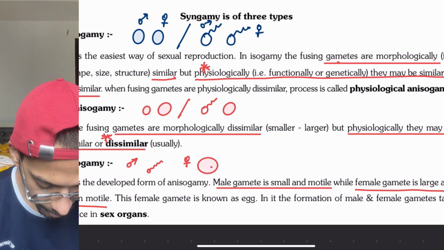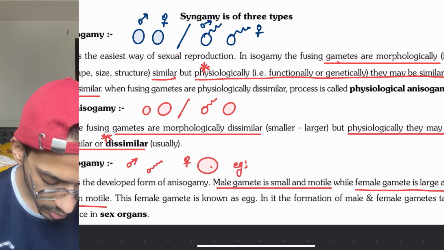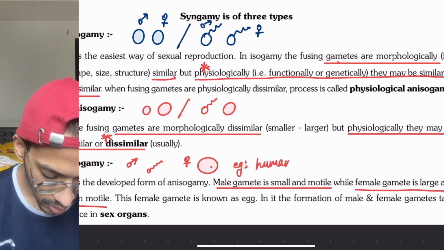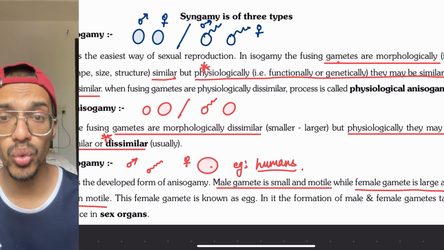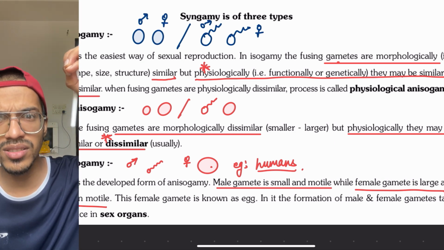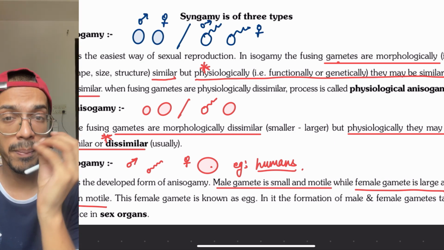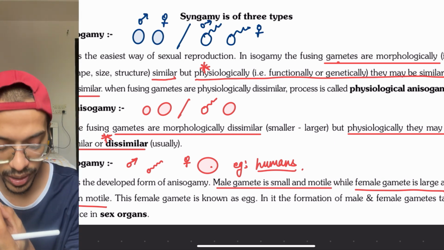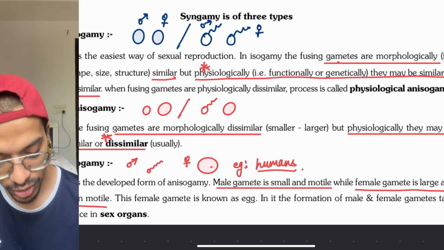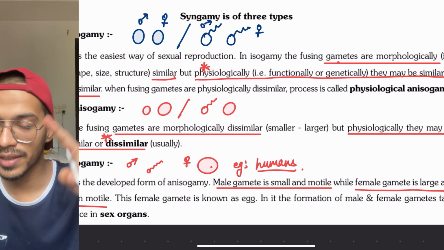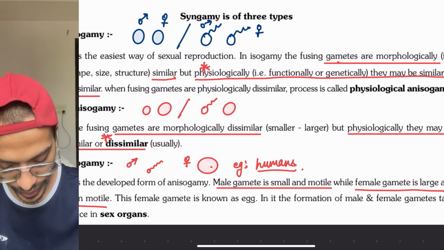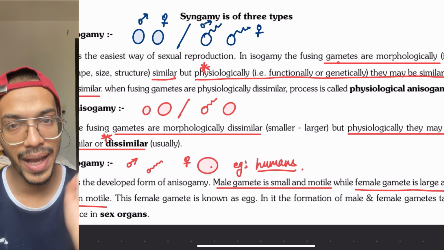So the example you have to remember is humans. This is oogamy. In oogamy, the female would be bigger, the ovum, and the male would be smaller and motile. Here you have to remember that in the case of one species of plant, not Protista, all of these will be seen. So we will come back again and work over it.